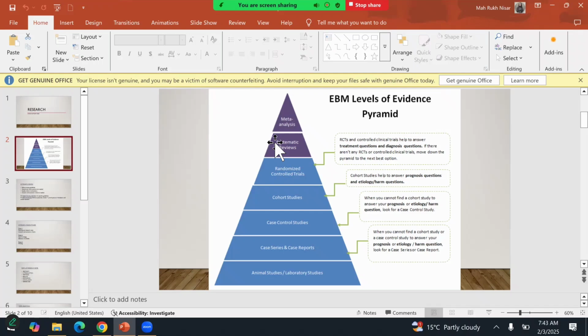So the question is, why do they come at the top? Because these studies are conducted in individual centers or by individual researchers.